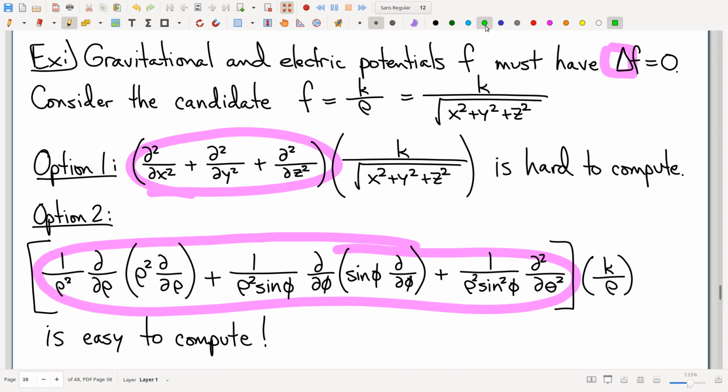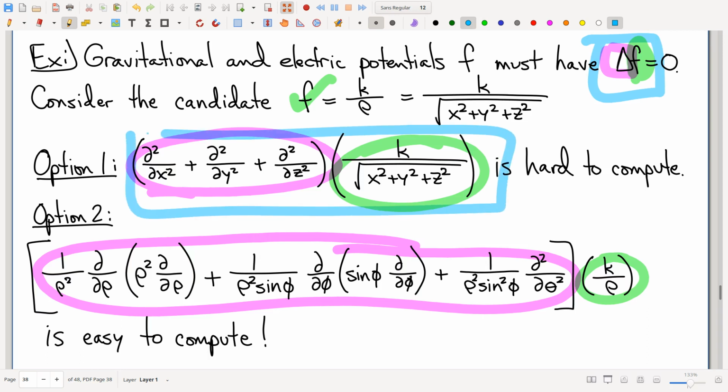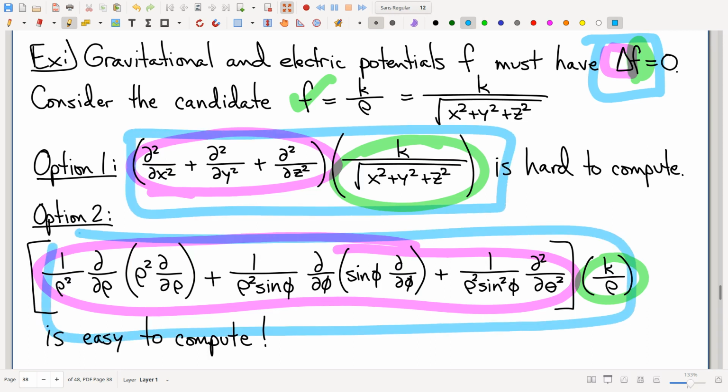You're going to have to then apply it to your f function here, which again you can write rectangularly or spherically, and you've got to actually chug it out. So you have to either take the rectangular Laplacian of the rectangular candidate, or you have to take the spherical Laplacian of the spherical candidate. Again, choose wisely.